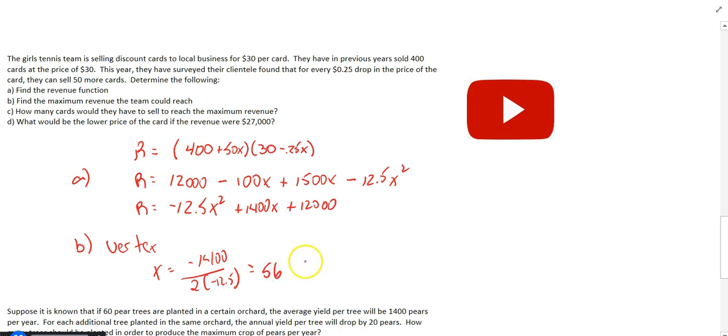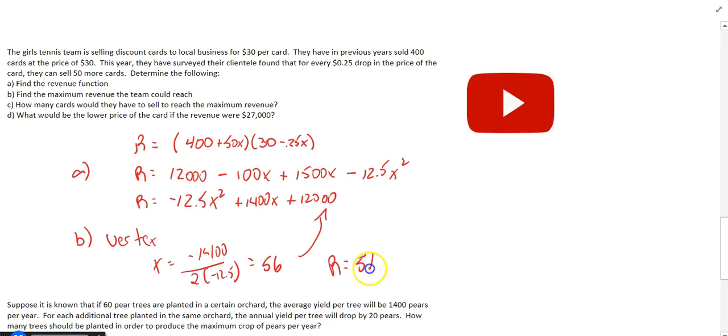And then I'm going to plug that back into here, and that's going to give me my max revenue. So I get negative 12.5 times 56 squared plus 1400 times 56 plus 12,000. And that's going to give me $51,200. That is a pretty good profit for the girls' team to make that kind of money.